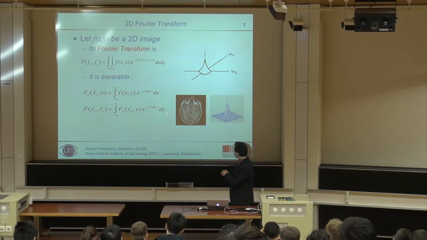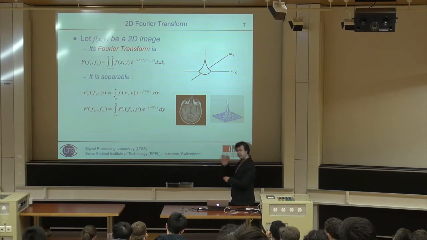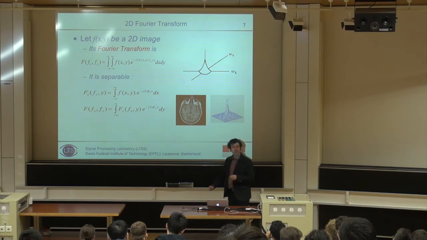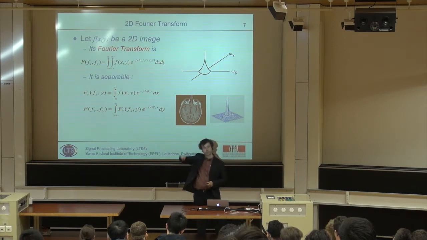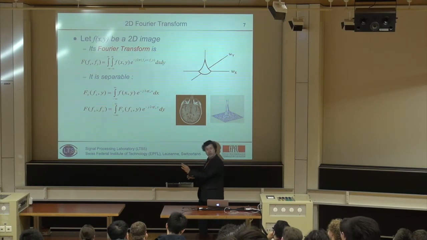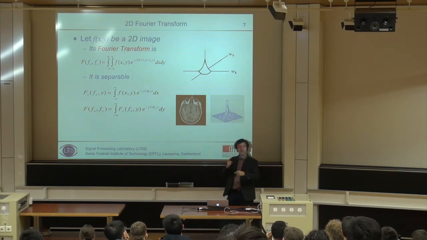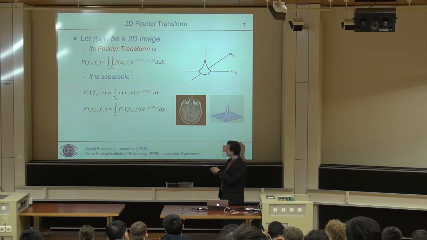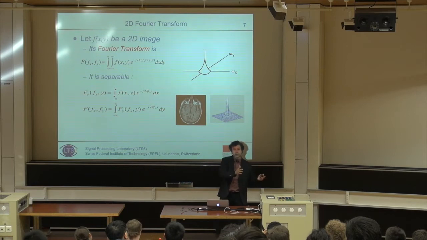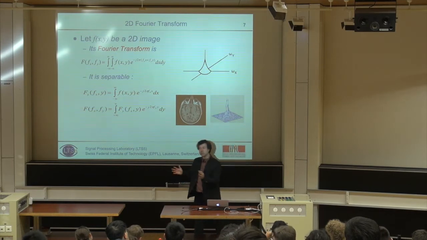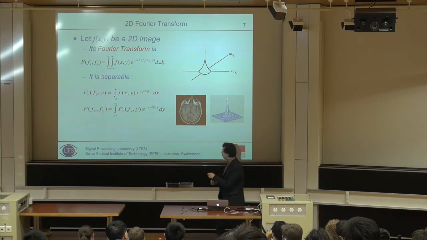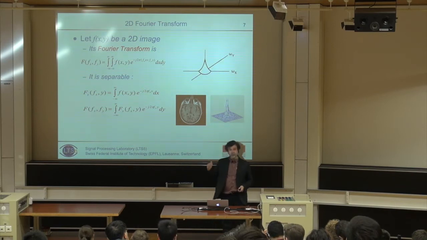If I look at that image horizontally, I will see something like a constant part here, then a sharp edge at the boundary, then a more constant part here, then another sharp edge, and then something constant. And if you look that way, this is the signal that you will analyze by the horizontal Fourier transform along the x-axis. So basically, the x-axis will tell you what is the frequency content of horizontal transitions. And if you look vertically, you will get the content.